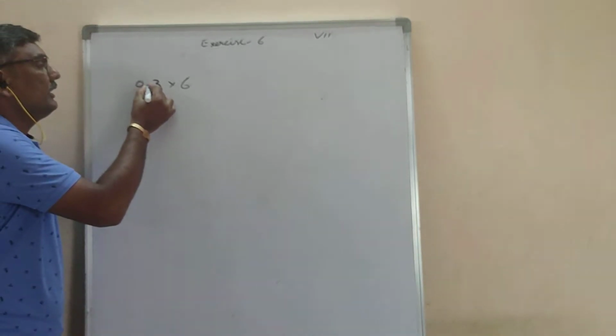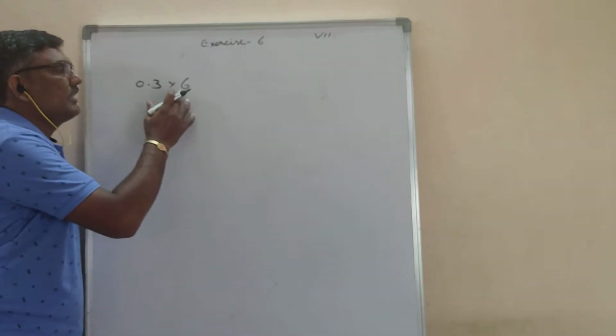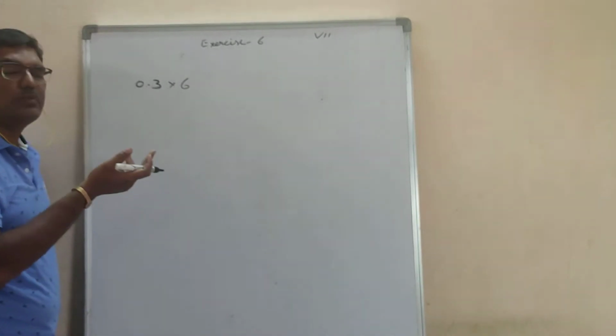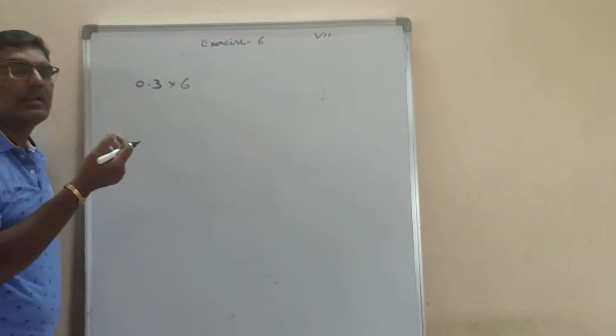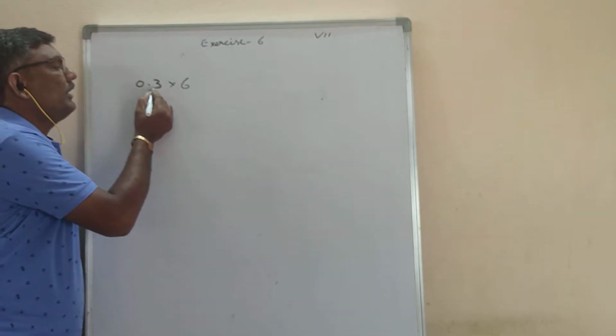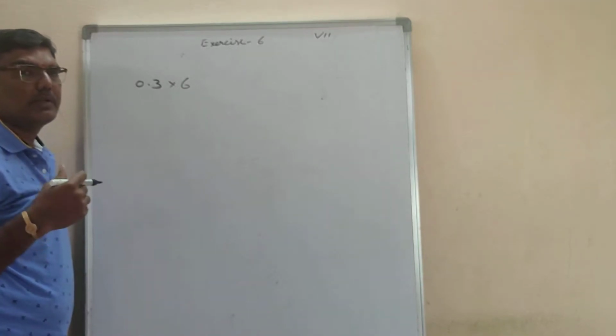What is 0.3? It is a decimal number. What is 6? It is a rational number. You can say rational number, or it is a positive integer, also called a natural number. So 0.3 should be multiplied with a natural number.